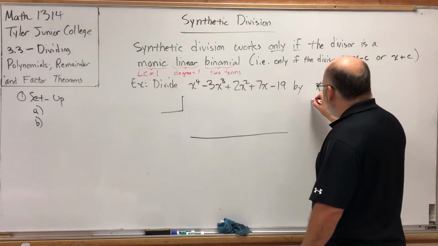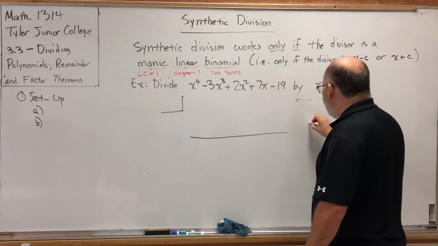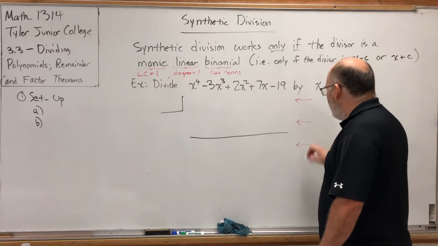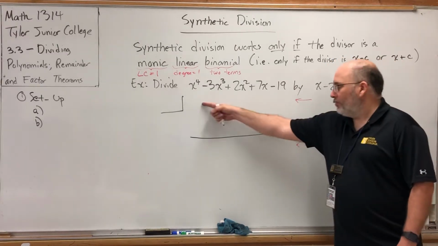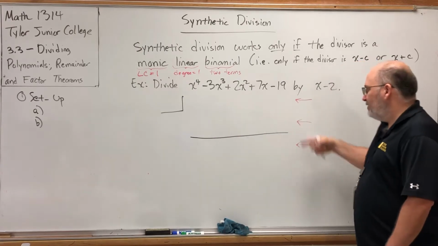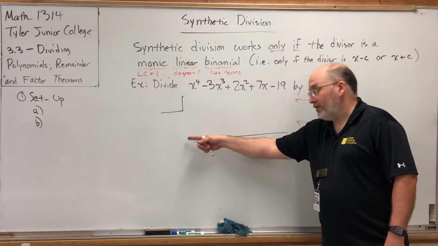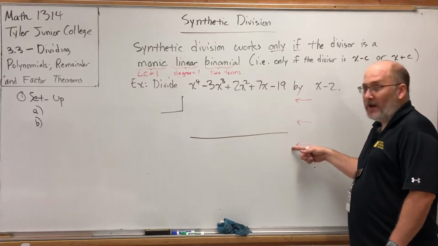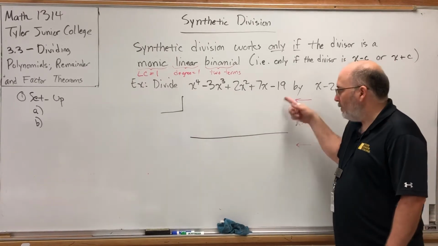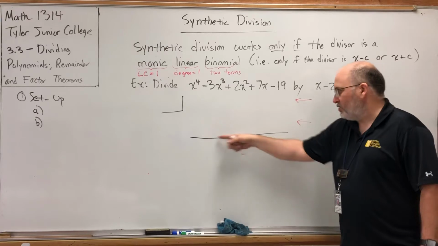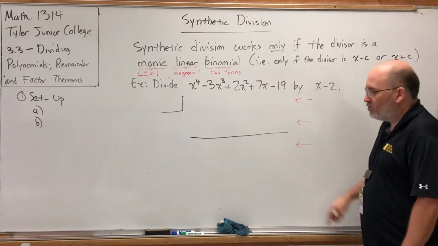These red arrows I'm drawing are not part of synthetic division. I'm just pointing to where the 3 rows will be. There will be 2 rows of numbers separated by a horizontal line from a third row of numbers. So a row of numbers, horizontal line, one final row of numbers.